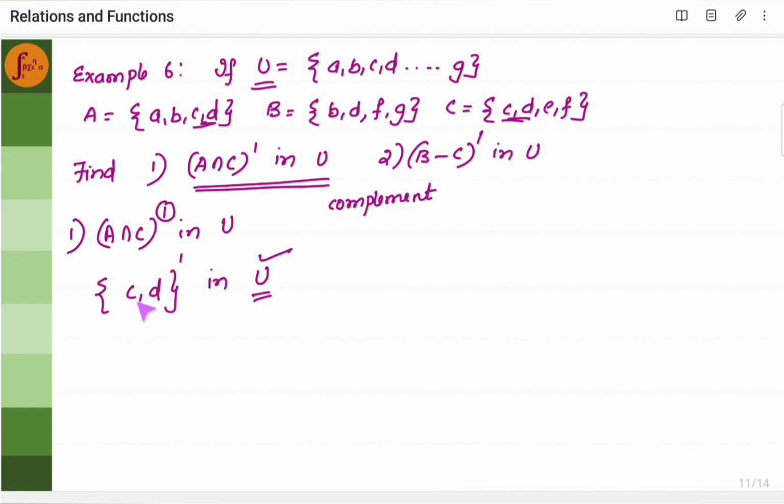So, C and D you eliminate here. Remove C and D. What are the other elements in U? You have A, B, E, F, G. So, this is the first one.